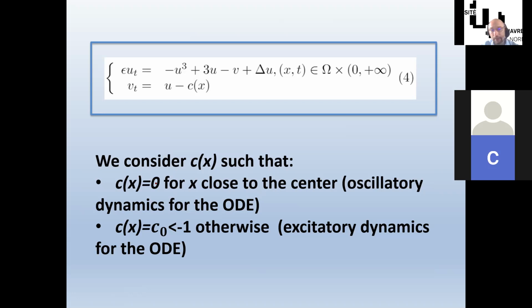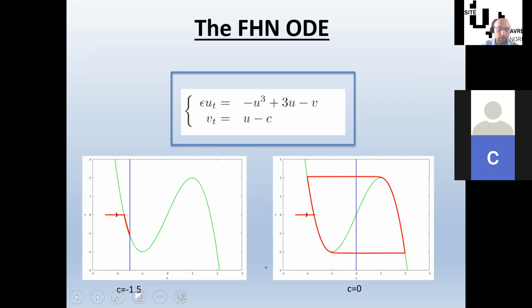And outside the center of the domain, I take a value C0, which is less than -1, which means that the system is excitable. Why? Because as we have seen, if I start with an initial condition here, I go directly to the stationary point. But if I start with an initial condition here, I go like that, and then I come back.